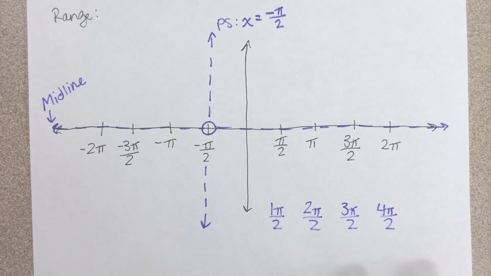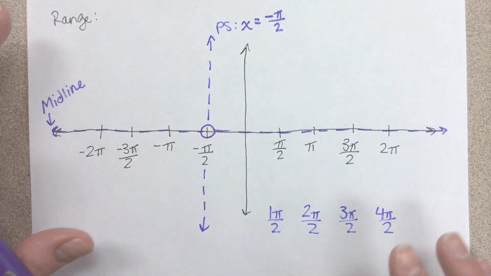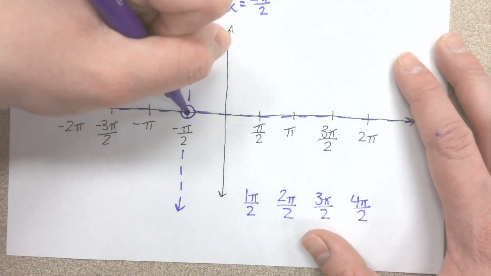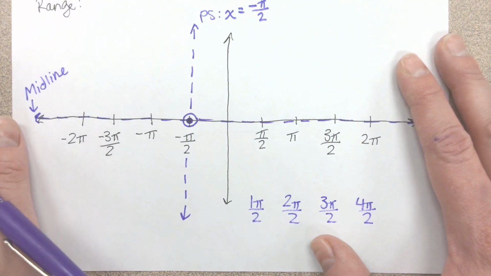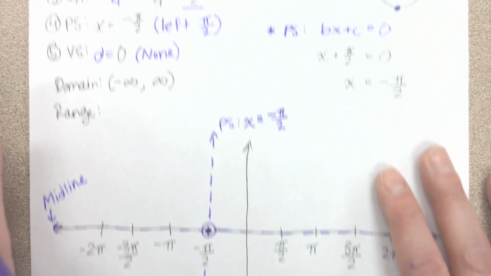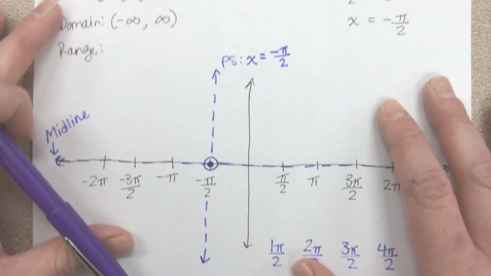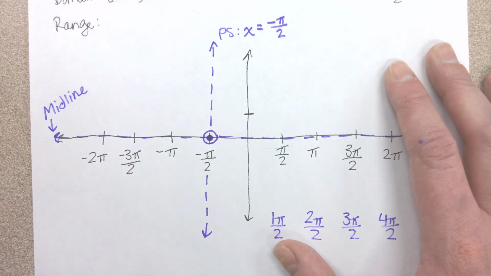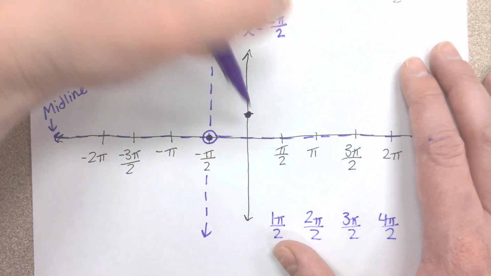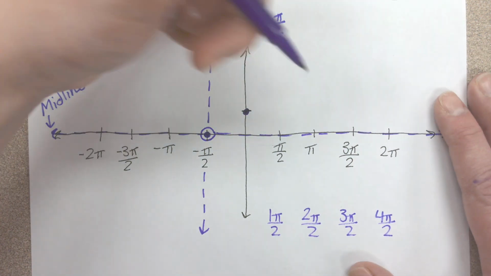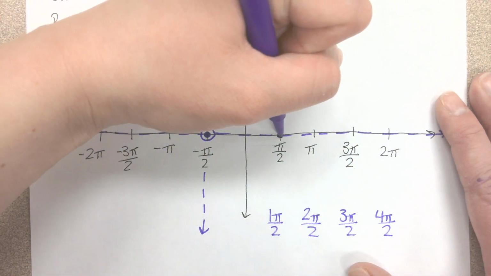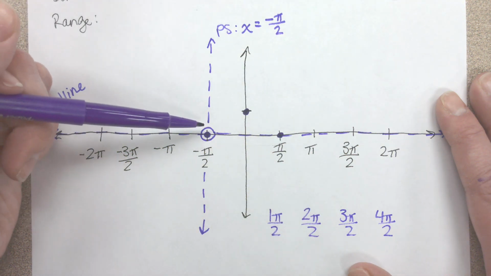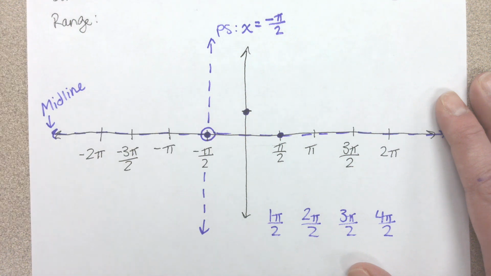Now we can start graphing. So according to our drawing above, we're going to start inside the circle. Next we go up to the maximum. That is determined by the amplitude. Our amplitude is just 1. So we're going to go up 1 from there. So this is our next point. Next interval, we go down to the midline. Next, we'll go down to the minimum. Amplitude again is 1, so we're going up 1 and down 1 here.